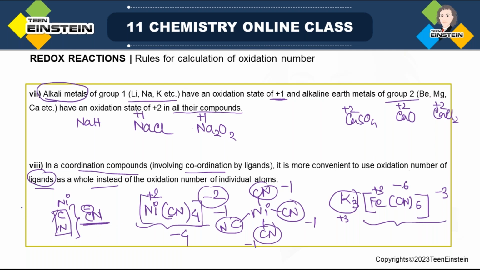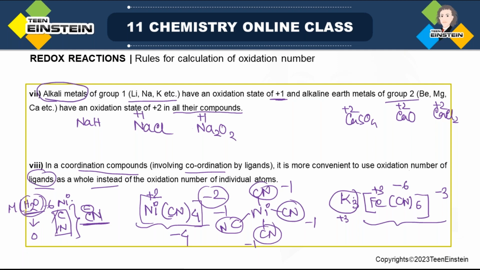For example, for a neutral ligand, any metal with water molecules attached, suppose 6 water molecules are there, each will contribute 0. So separately, the oxidation states of hydrogen and oxygen we don't consider.